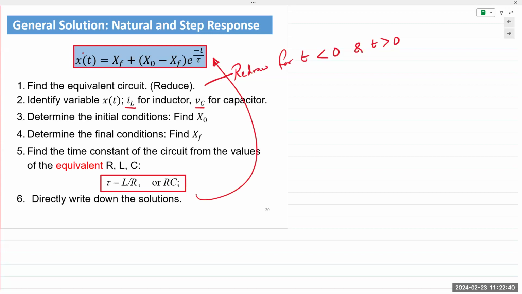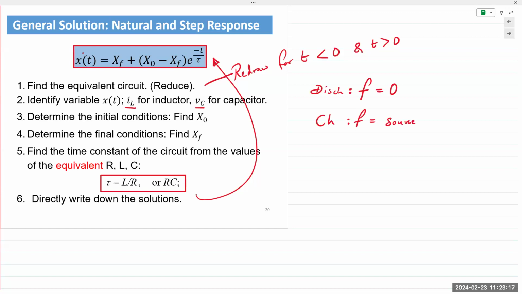And for this class, meaning this specific class, EE201 for non-EE majors, for the natural and forced response, one end will always be fixed. If it's discharging, meaning it's natural response, the final value will always be equal to 0. If it's charging, then the final value will always equal the source value.